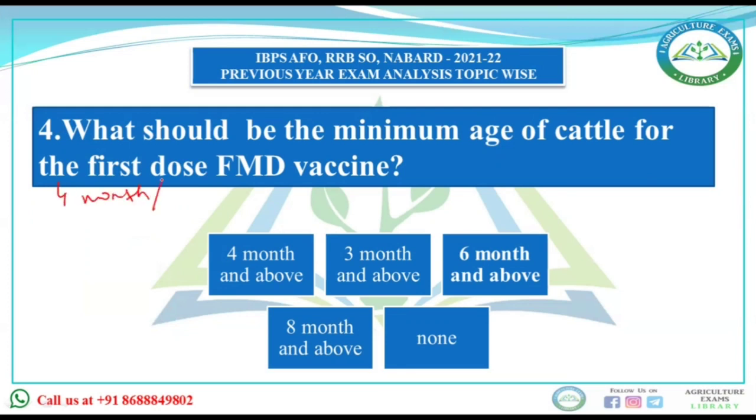After the first dose is given at 4 months, after 1 month you can give the booster dose. And subsequent doses are given once in 6 months. Likewise, you talk about the anthrax. Anthrax also, 4 months and above, the first dose is given.